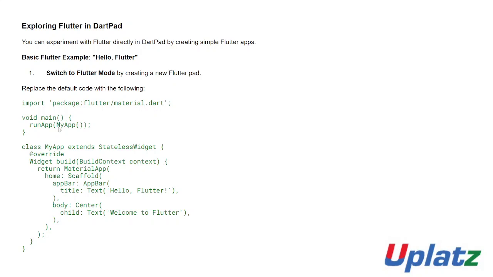Void main, runApp MyApp. Class MyApp extends StatelessWidget. Then @override, Widget build BuildContext, return MaterialApp, home Scaffold, appBar title Text Hello Flutter, body Center, child Text Welcome to Flutter.